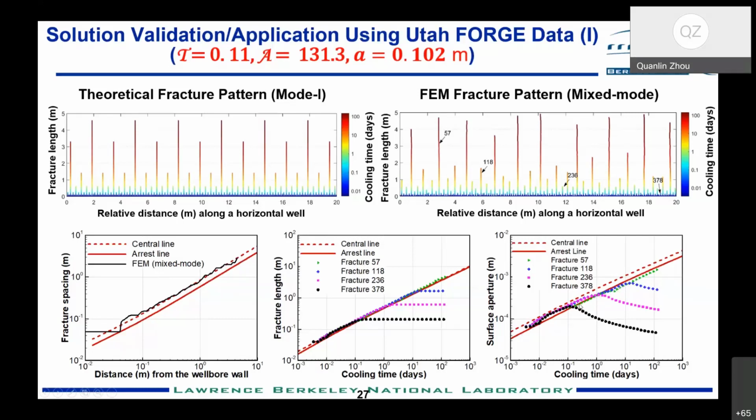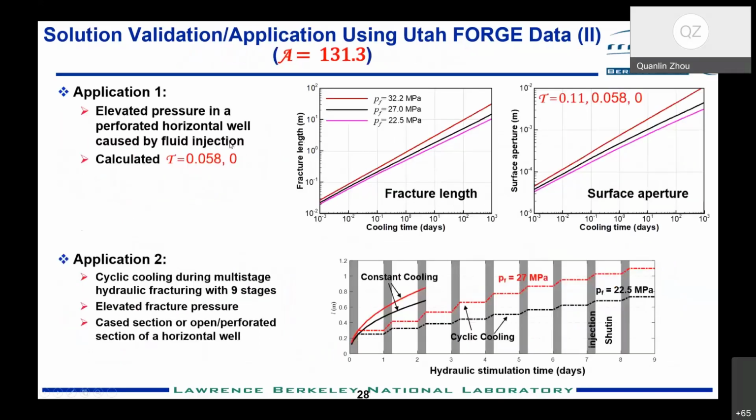So that means for this type of application, we only need these two parameters, T and A. For applications with some wellbore pressures, we calculate T. So again, we do the simulation and we get type curves or profiles. You see the effective length and effective surface apertures. And then here is very interesting.